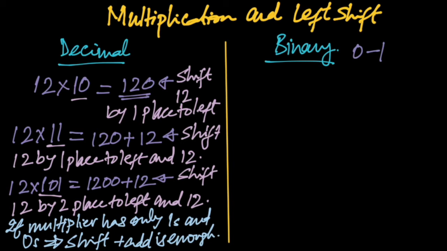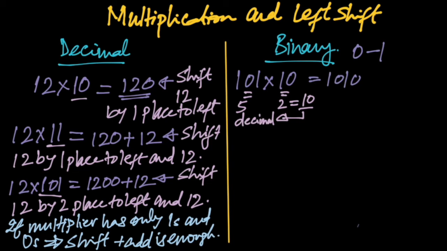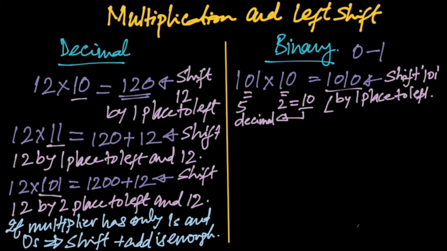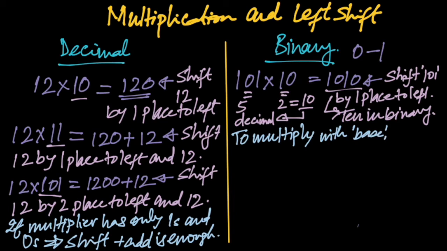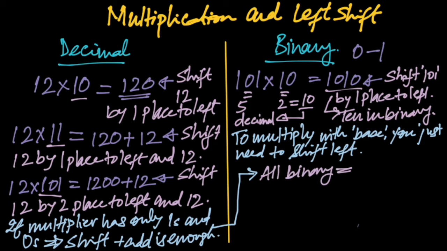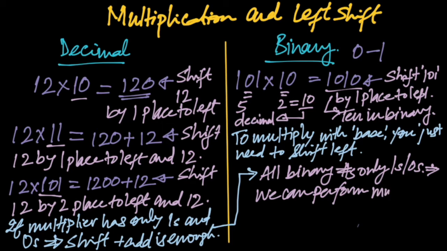So let's do some examples. Since in the binary system all the numbers are zeros and ones, to multiply two binary numbers we only need to shift and add.